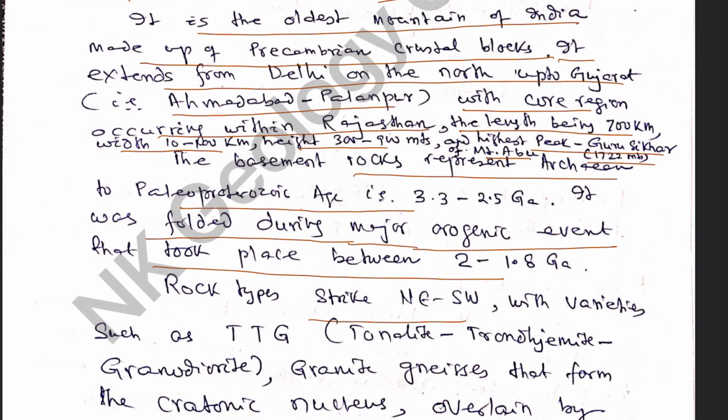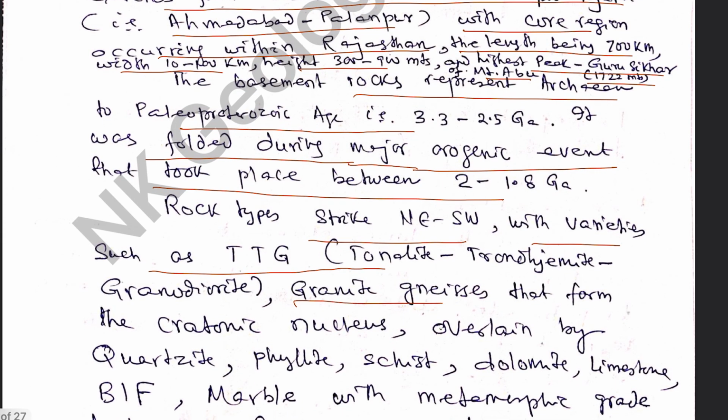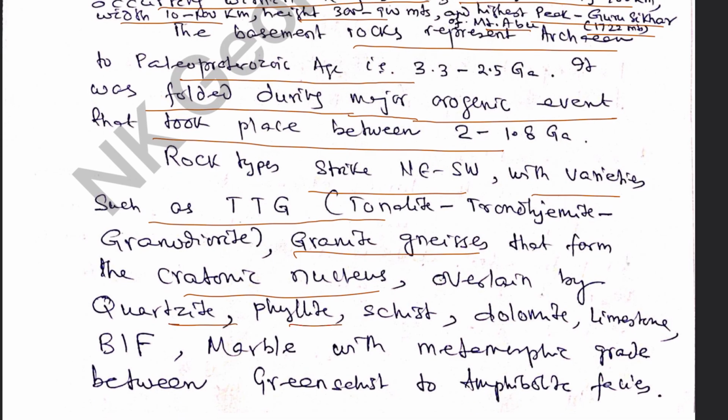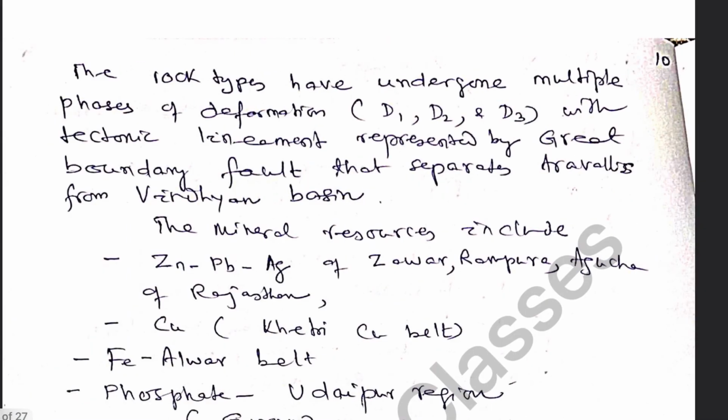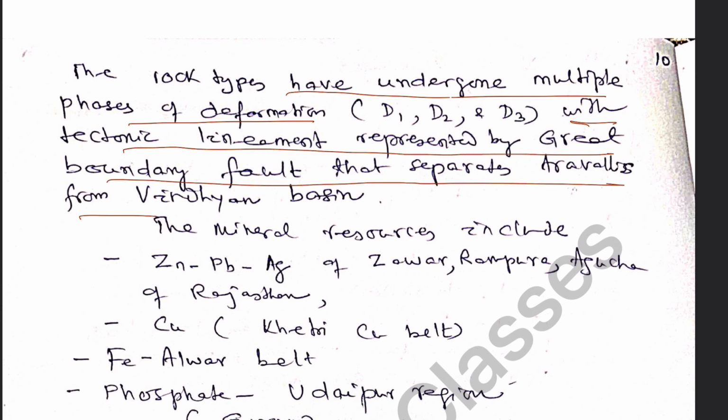Rock types strike northeast southwest with varieties such as TTG group of rocks, granite gneisses, and they are overlain by quartzite, phyllite, schist, dolomites, limestones, banded iron formation, marble, and metamorphic grades between green schist to amphibolite facies. The rock types have undergone multiple phases of deformation, D1, D2, D3, and with tectonic lineament represented by Great Boundary Fault that separates the Aravallis from the Vindhyan rocks.